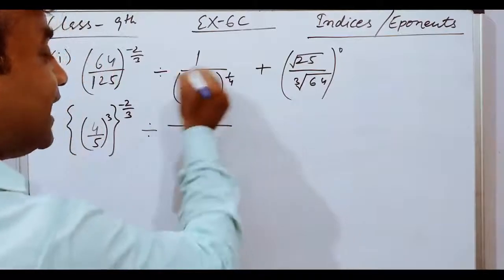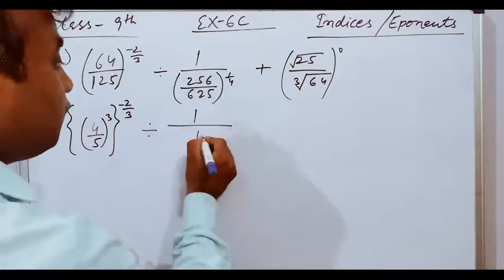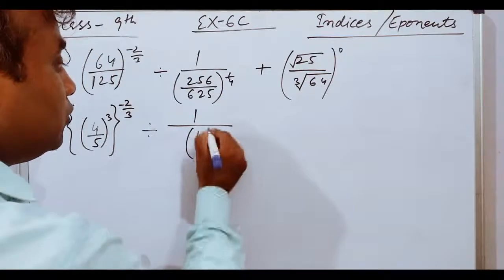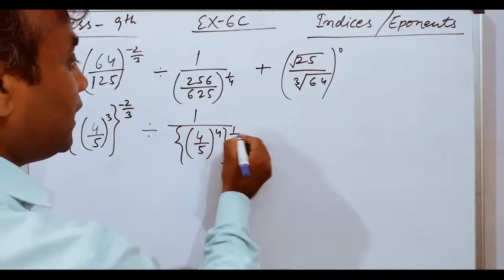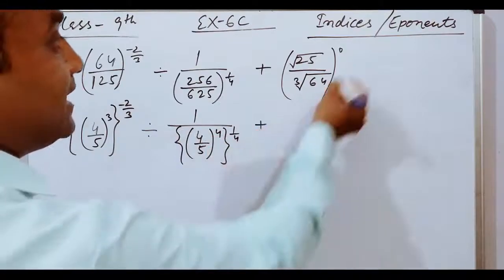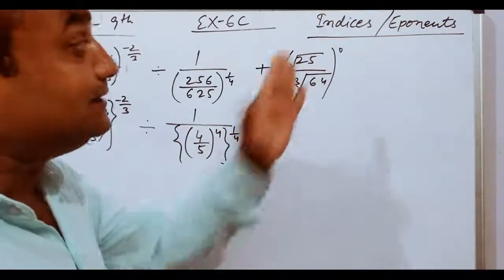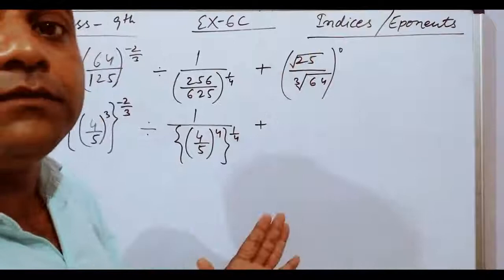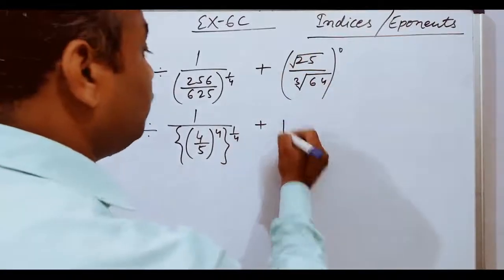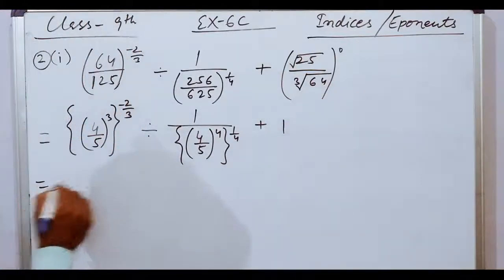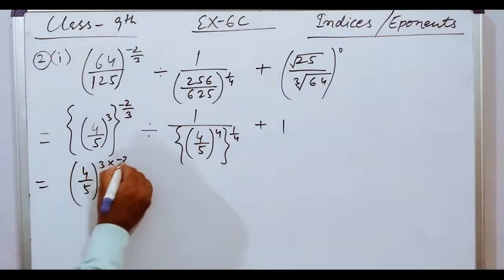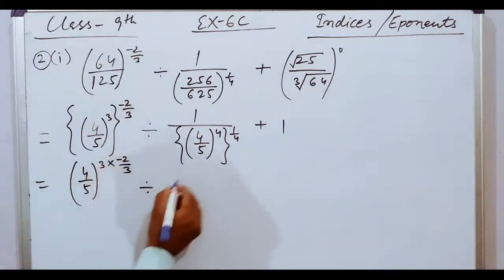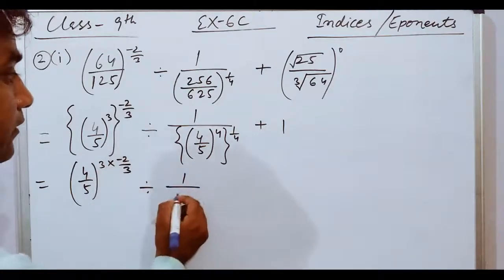So, in exponential form, 4 upon 5 to the power 4 whole power 1 upon 4 plus, I told you before that any number or any term to the power 0 equals 1. So, it is 1.